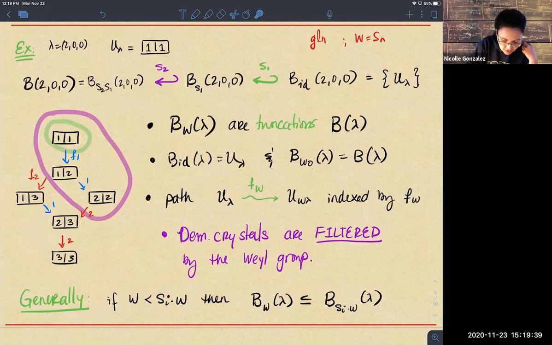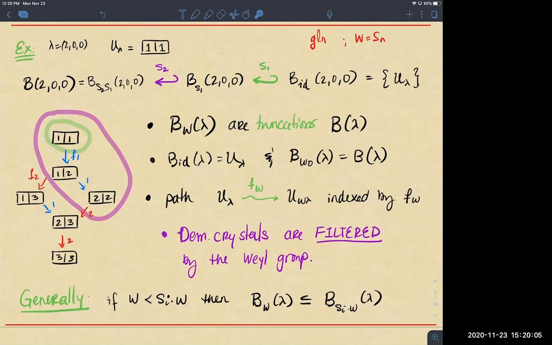In addition, if you look at the path in this middle one, from your highest weight to your lowest weight, which is u_{w lambda}, that path is always going to be indexed by, in this case, f of W, which is f of S1, which is F1. So your path is going to be indexed by that permutation as well. And of course, just like the modules, the crystals are going to be filtered under Bruhat order as well.